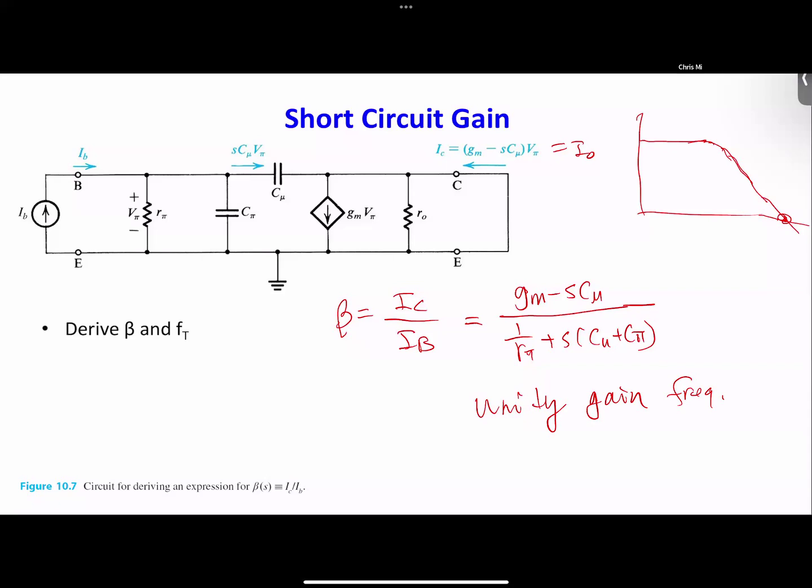So basically what we're doing is we take GM over 1 over R pi plus omega times C mu plus C pi, equal to 1, and then find this omega t. And you can find this omega t is equal to basically GM.